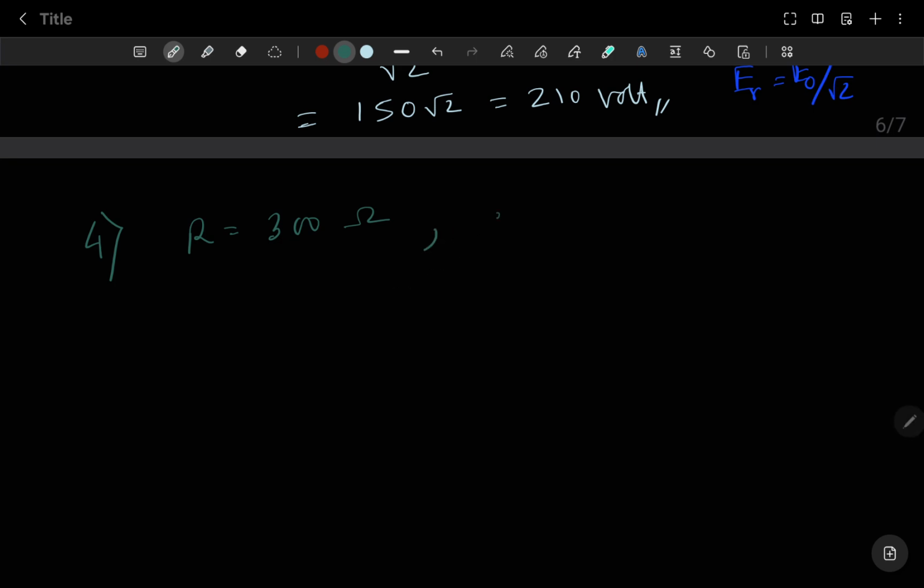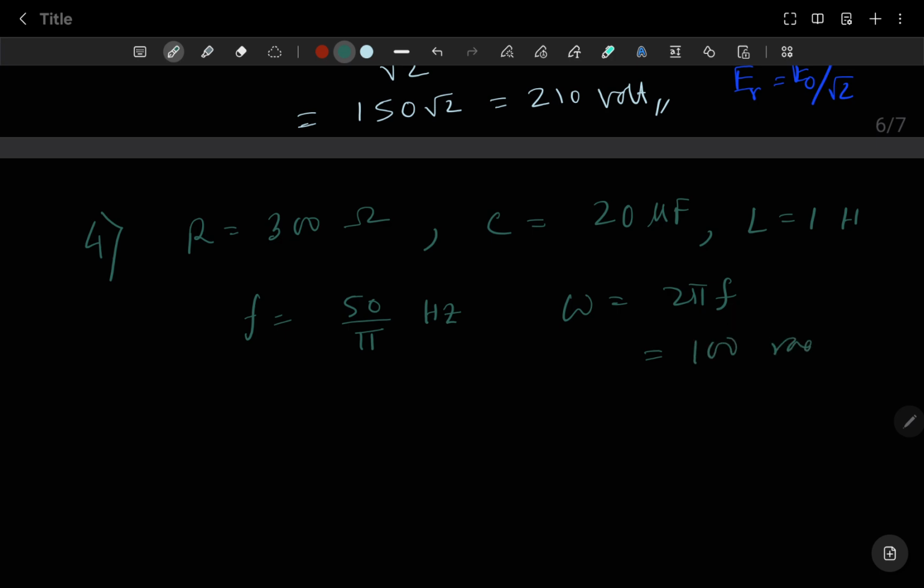It is a series LCR circuit, C is 20 microfarad, and L is 1 Henry, and the frequency is 50 by pi hertz. So omega will be 2 pi f, so 2 pi into 50 by pi, so it's 100 rad per second.